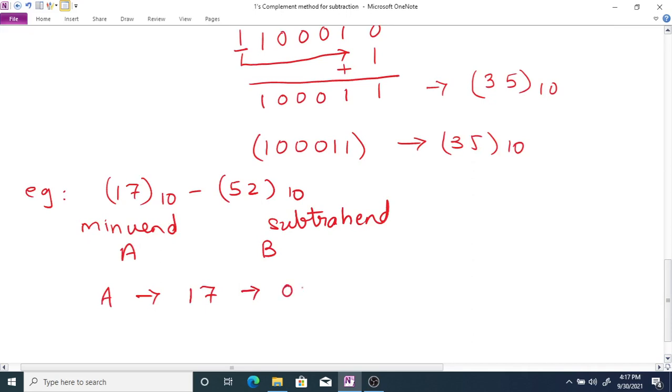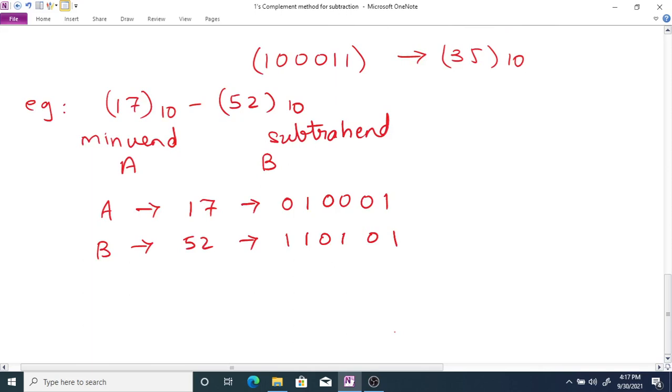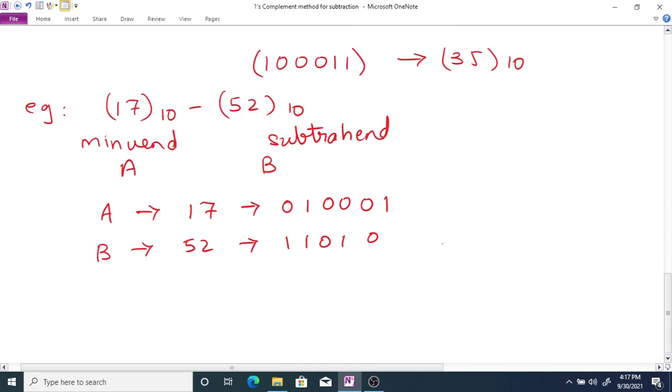We get 010001, and for B, that is 52, we get 110100.